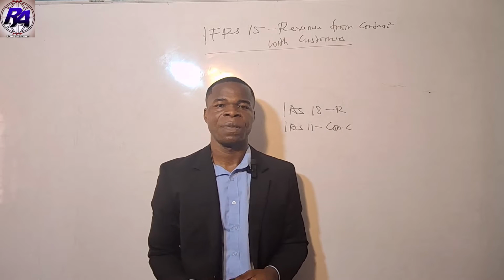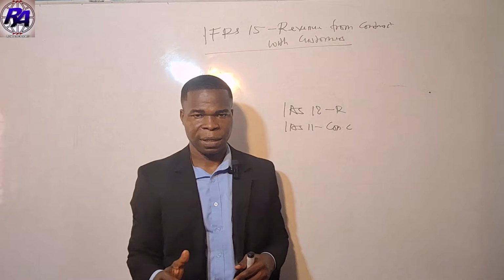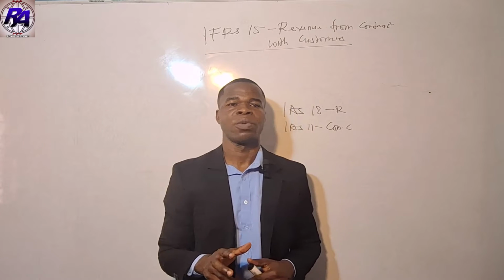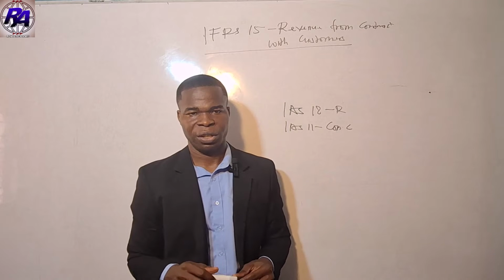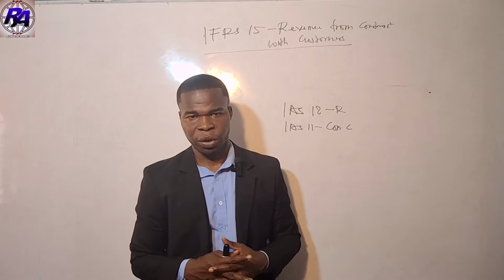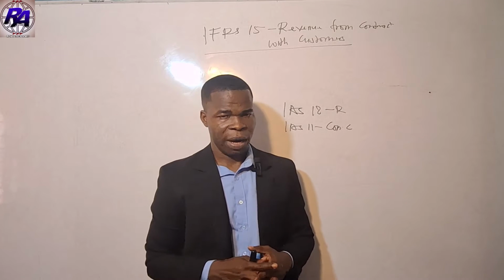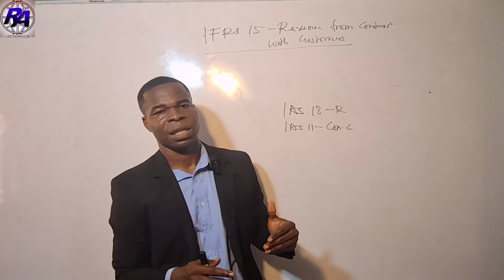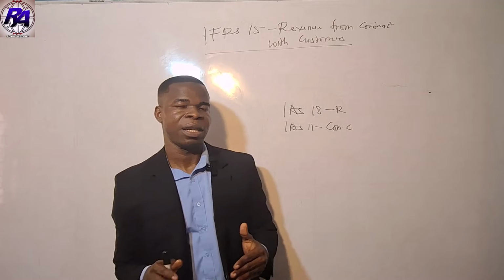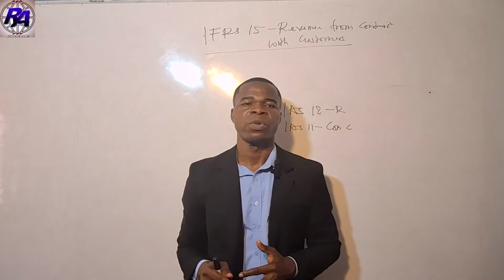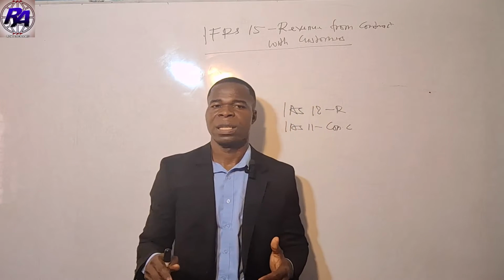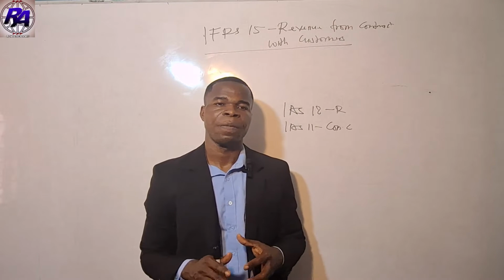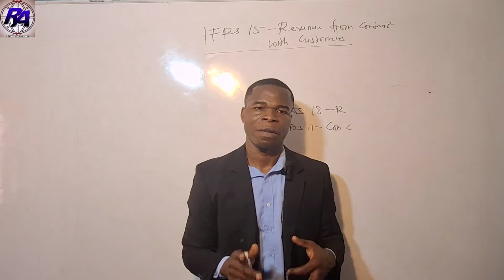As we have been doing, we are going to take it part by part, establishing the principles, understanding the principles, and solving practical questions under each situation. Starting from scratch, we are going to look at the scope of the standard, the objective of the standard, and then the steps the standard prescribes in accounting for revenue from contracts with customers.